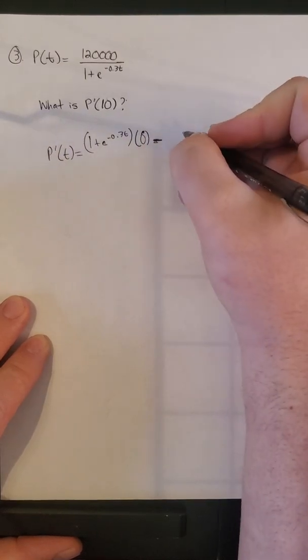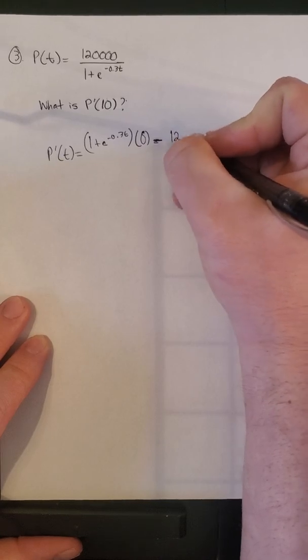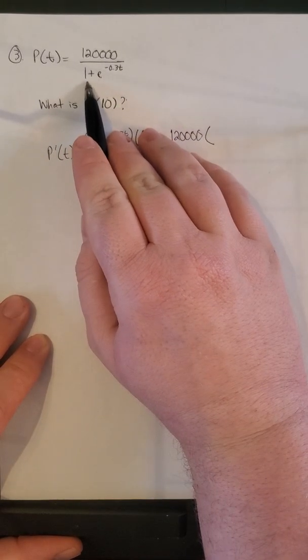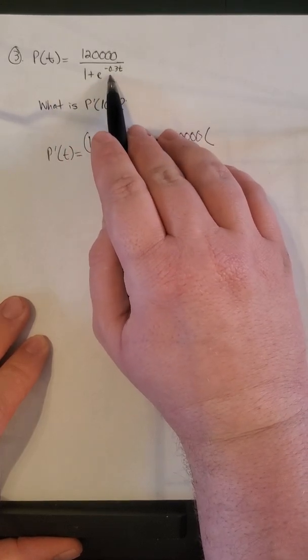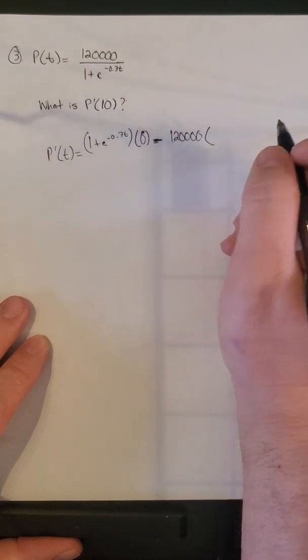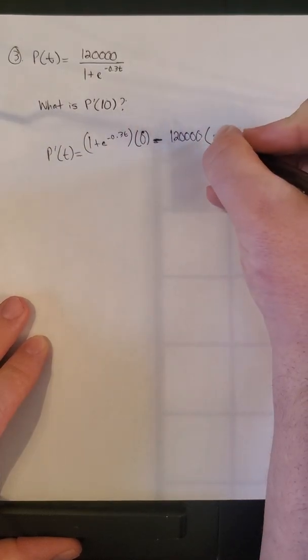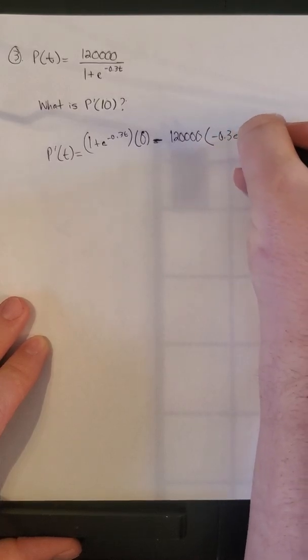Minus, not equals, minus the top times the derivative of the bottom. Derivative of the bottom, derivative of 1 is 0. Derivative of e to the negative 0.3t is negative 0.3 e to the negative 0.3t.